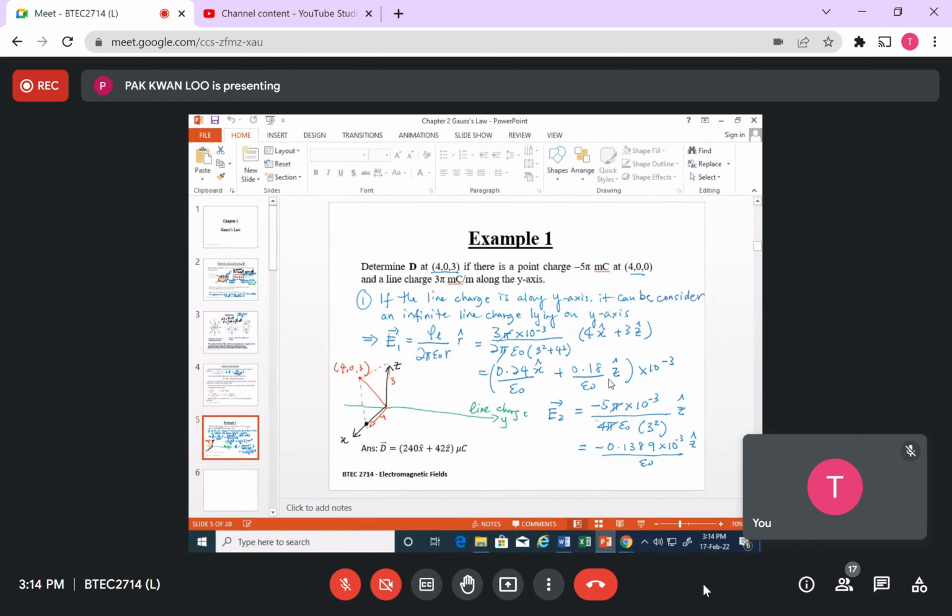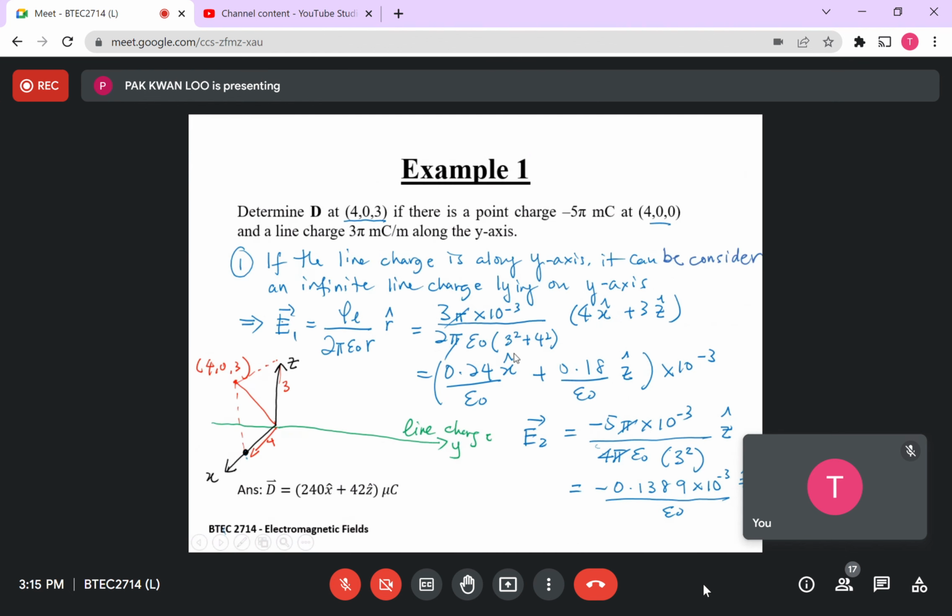Okay, so we have discussed example 1. The solution is just that we will add E1. So we will add the electric field contributed by the line charge at this point, and also the point charge at this point here.